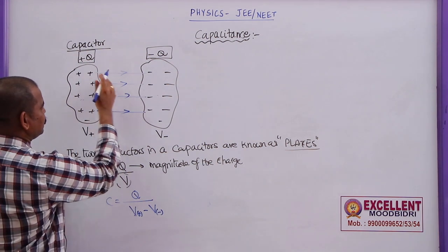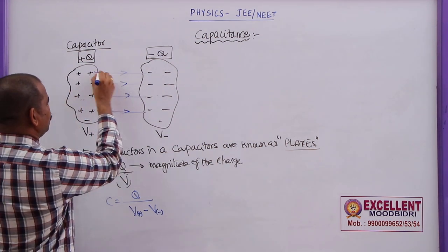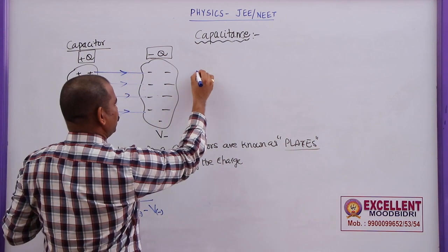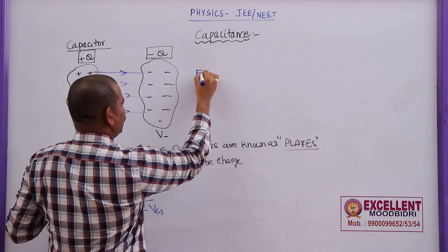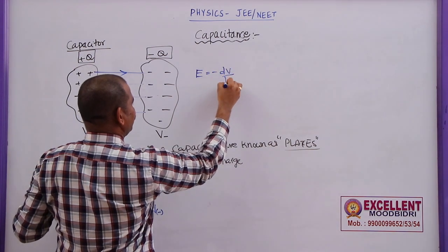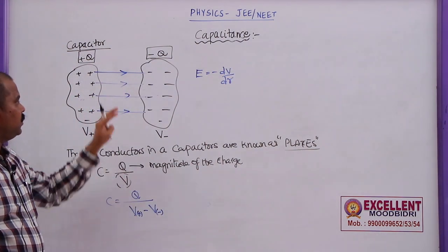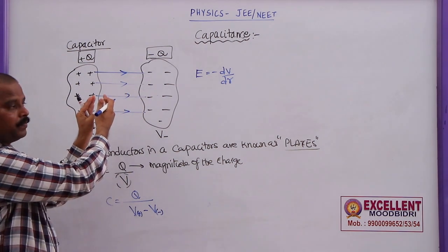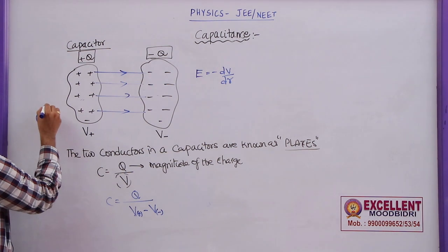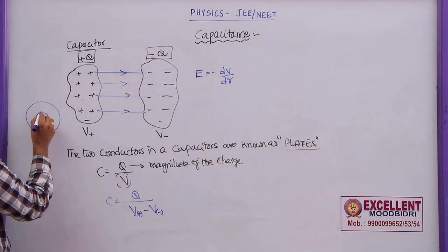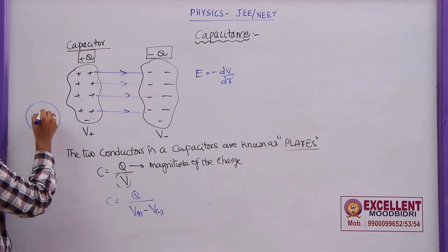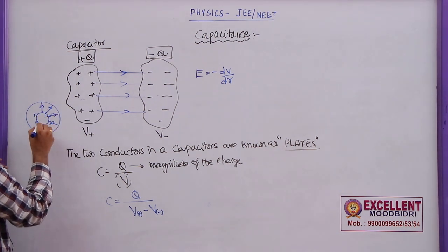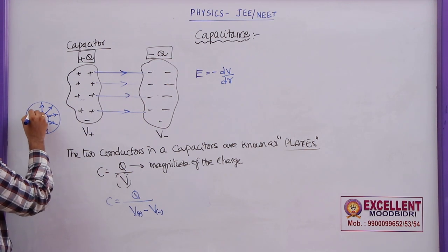We know that as these two plates are very near to each other, this field is a uniform electric field. In a uniform electric field, E is given by minus dV by dr. Even if the field is not uniform, when the plates are very near to each other, the field will be uniform. If you take two concentric spheres, positively charged, the field will be like this, and you see the lines are not parallel to each other and equidistant from each other.